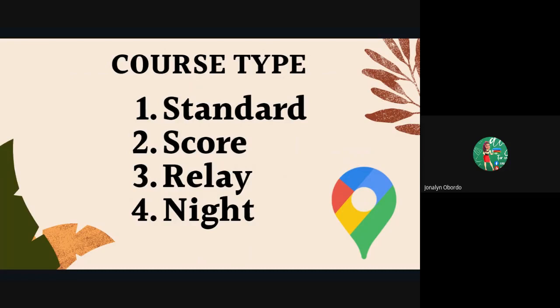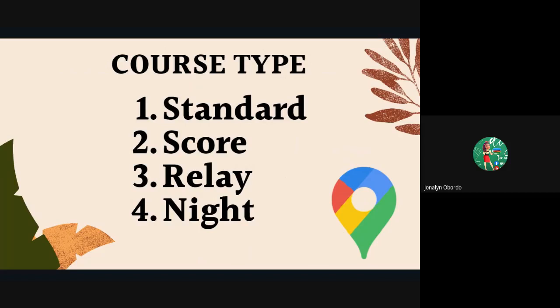So, standard is a point-to-point course type. This type is used for competitions where the competitors have to complete a designated course of specific controls in a specific order. It means point to point.